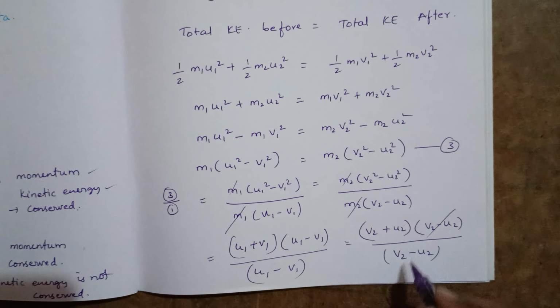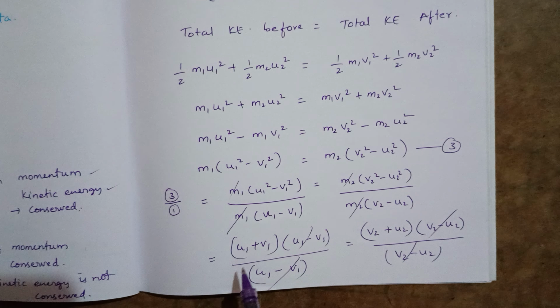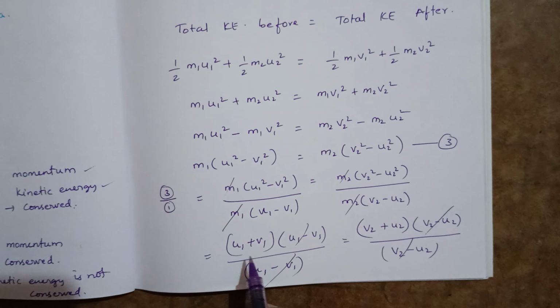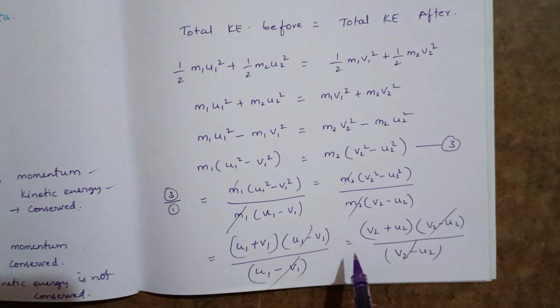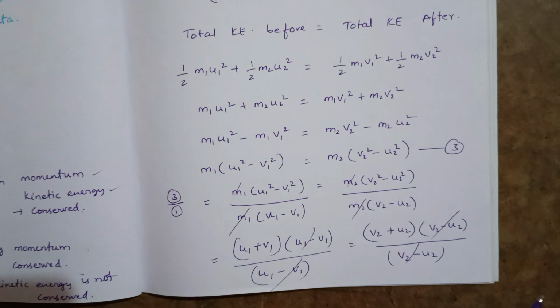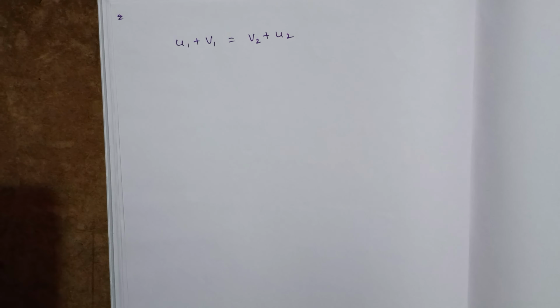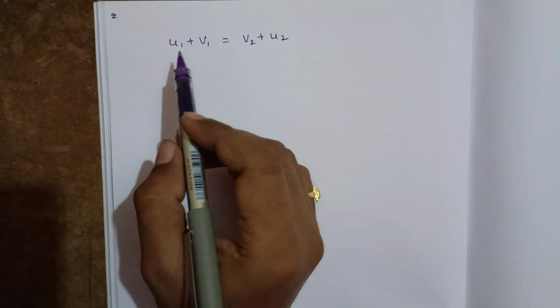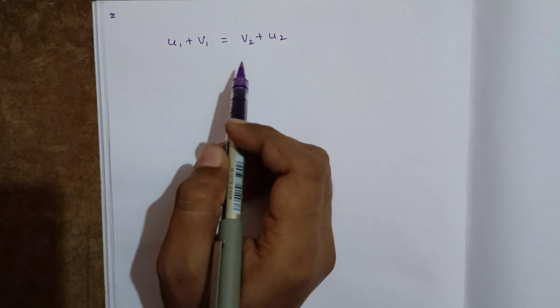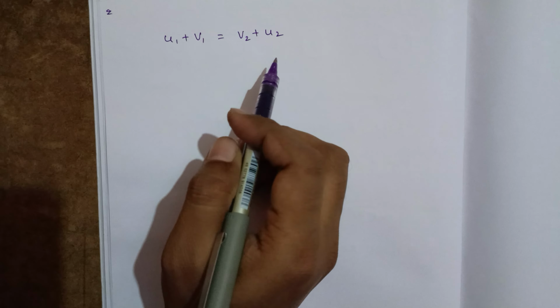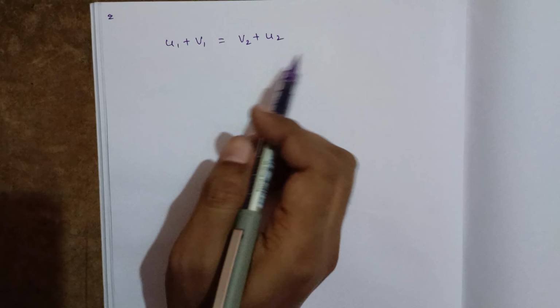So we can cancel the same terms. What is remaining? u1 plus v1 equals v2 plus u2.